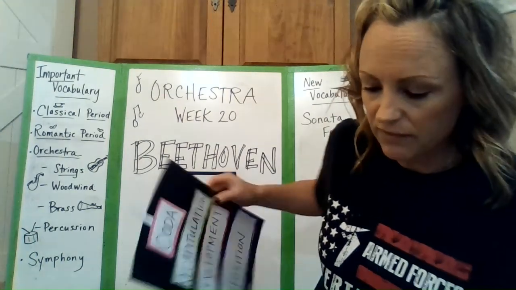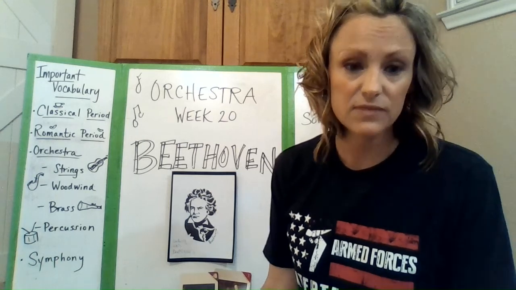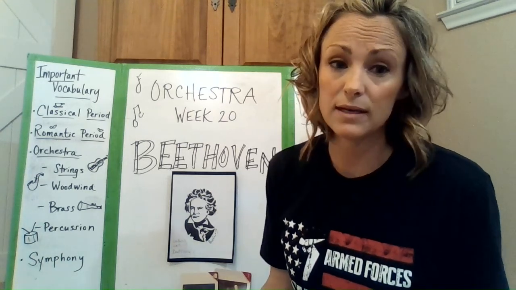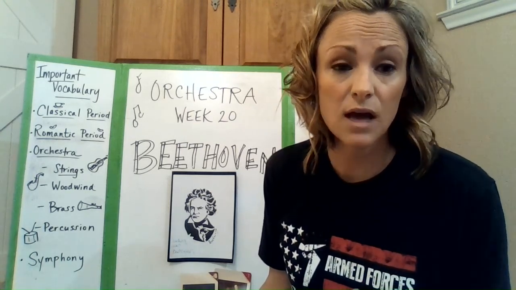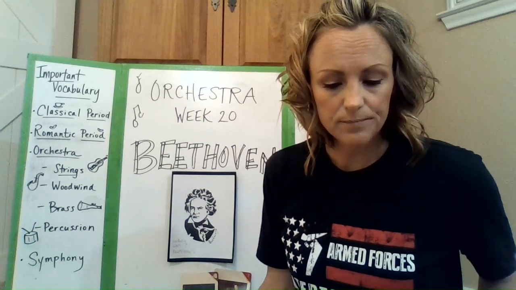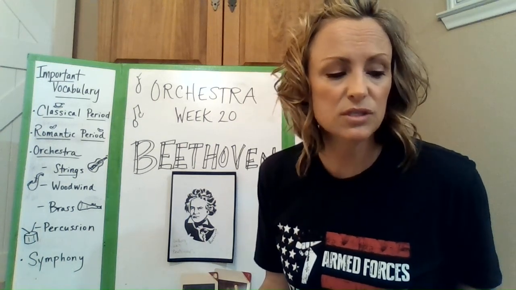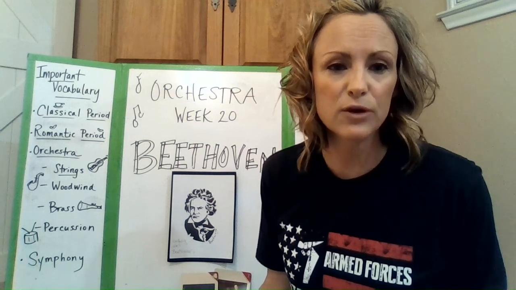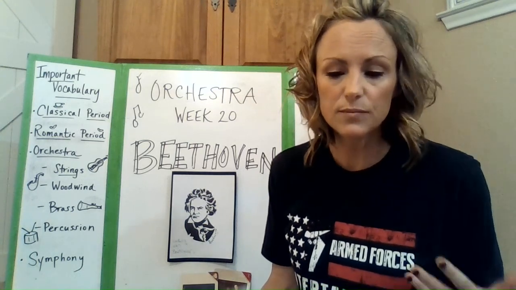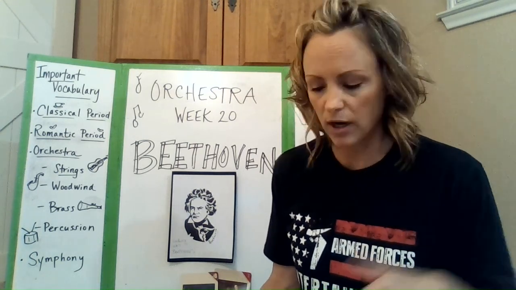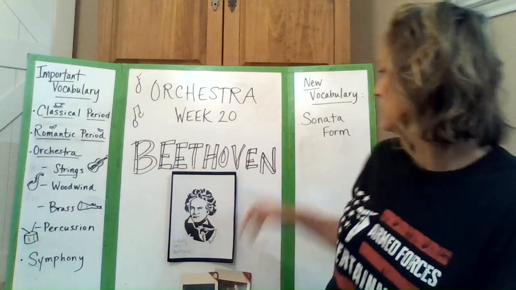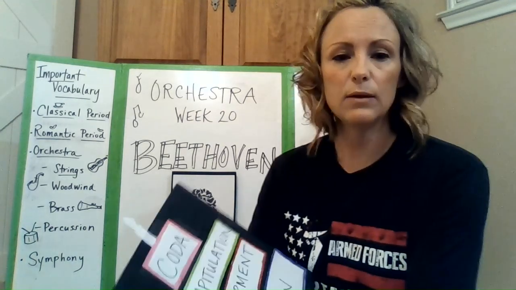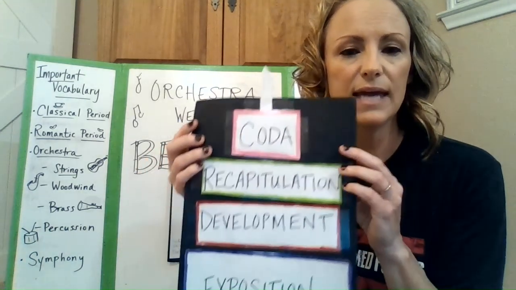When Ludwig van Beethoven created this symphony, he had a form in mind, and that form is sonata form. There are times when composers can put together a piece differently, but generally they do it in a certain order, and that is called sonata form. What it reminds me of is a cake.